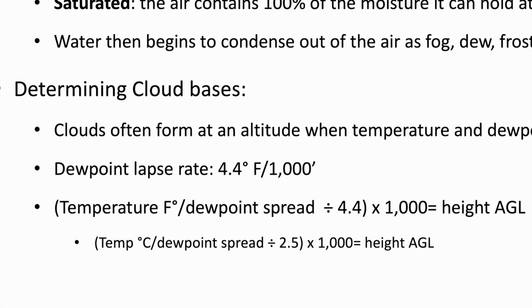Using that same example, if your temperature is 20 degrees Celsius and the dew point is 10, divide that by 2.5. So 4 times 1,000, 4,000 feet. So your cloud bases should be at 4,000 feet based off of that spread. What that's saying is at 4,000 feet, the temperature decreased to a point at which you can form clouds.